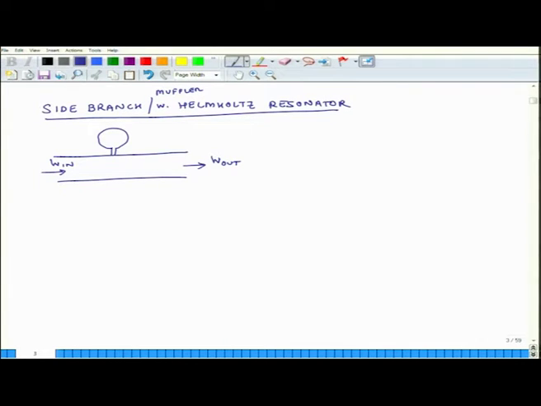Then the sound power transmission coefficient AT. So, what does AT mean? It is the ratio of W out by W in. Okay. W out by W in, and this is equal to, and we had defined these terms earlier in the last class.